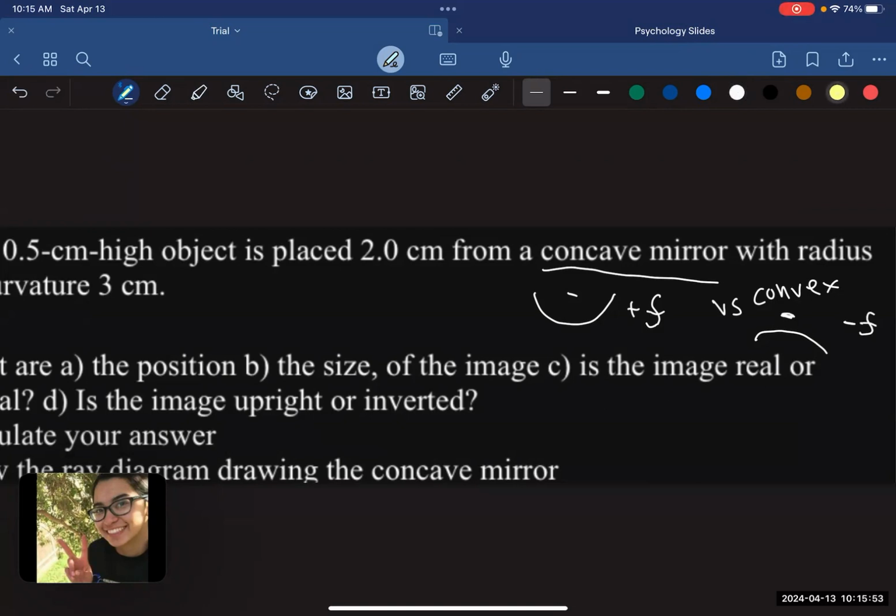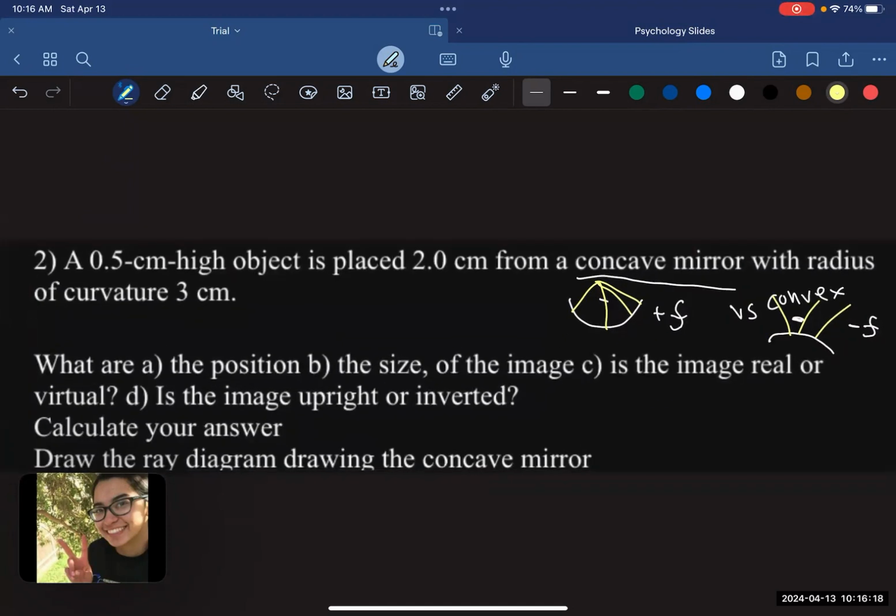And for the concave, we have it over here, and for the convex, it's kind of like bouncing out.